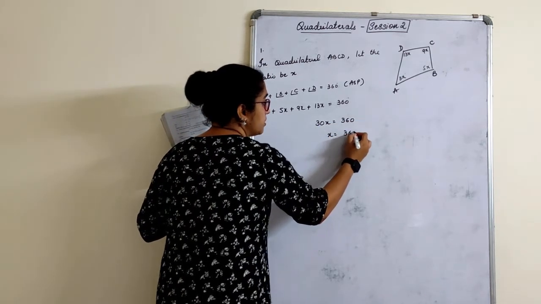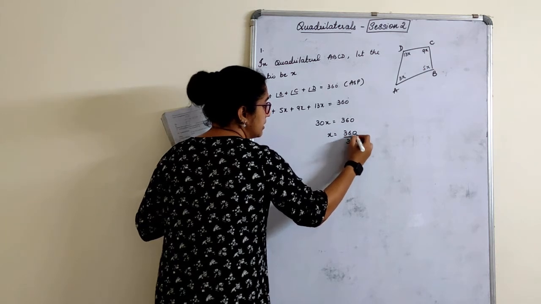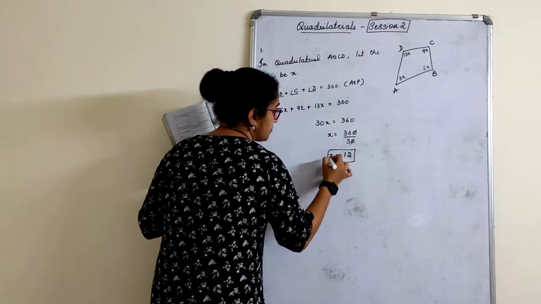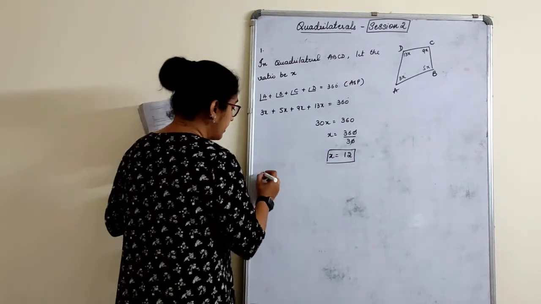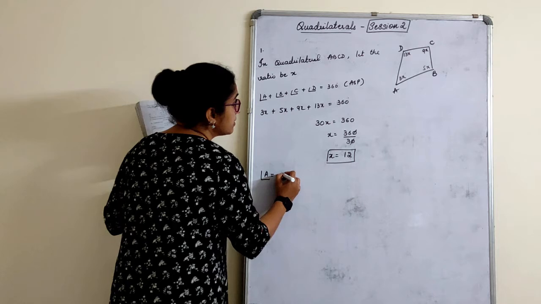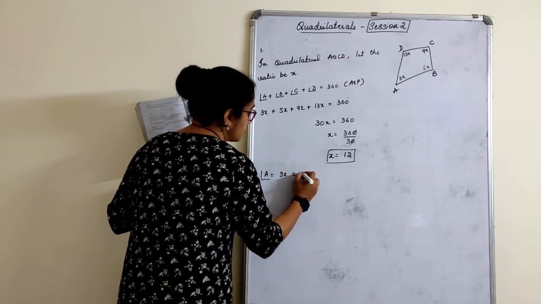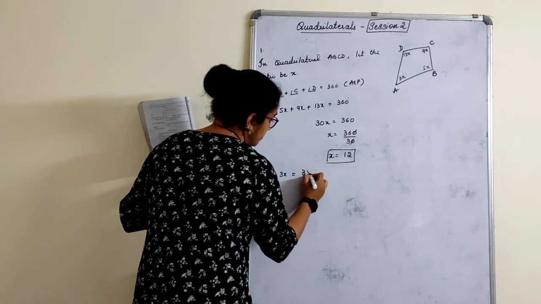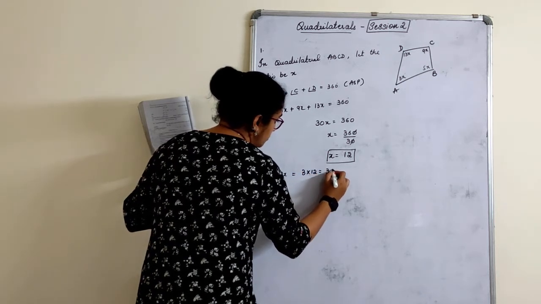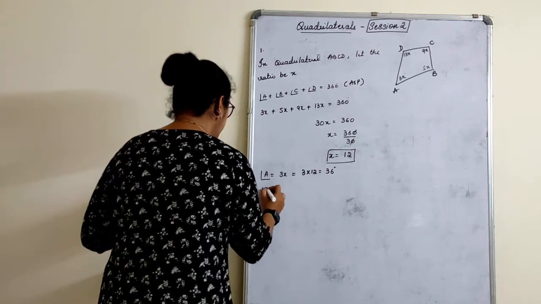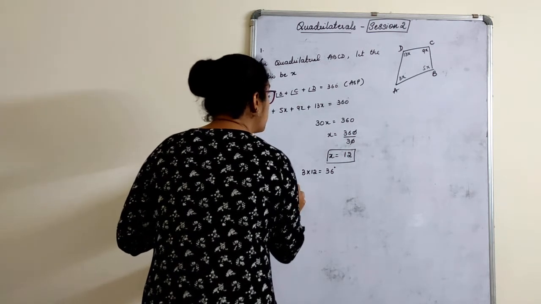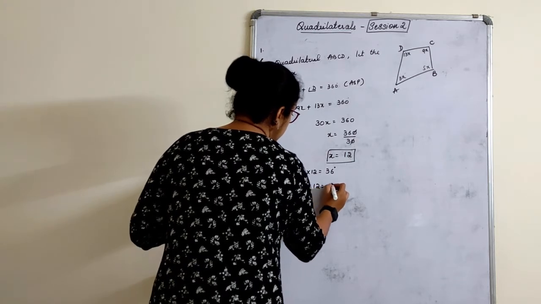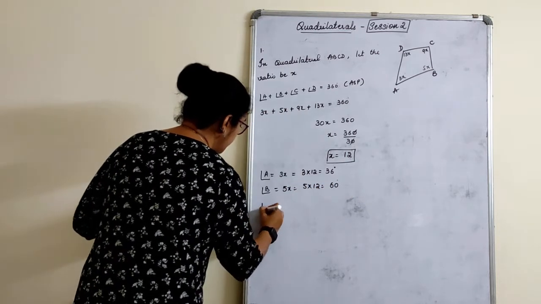x is equal to 360 by 30. Cancel. 3 ones are 3, 3 twos are 6. x is 12. Find all the angles. Angle A is equal to 3x, 3 into 12 is equal to 36 degrees. Angle B is equal to 5x, 5 into 12 is equal to 60 degrees.